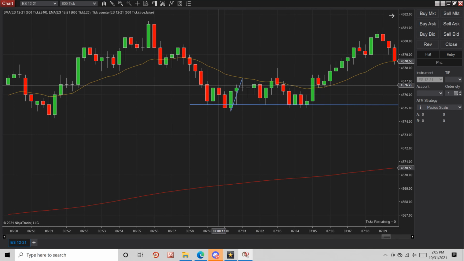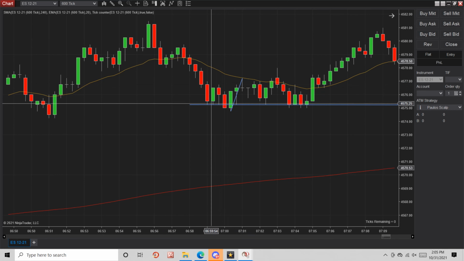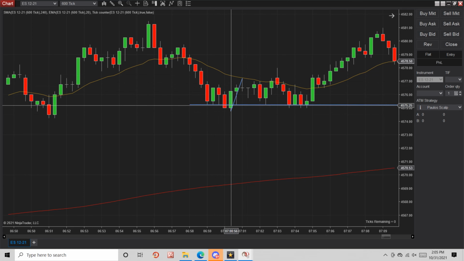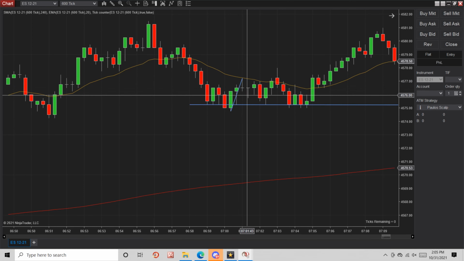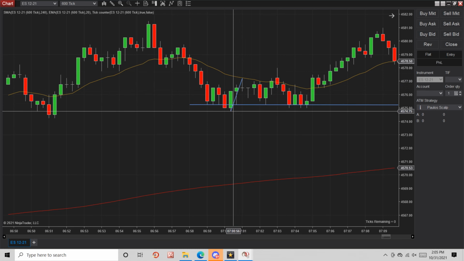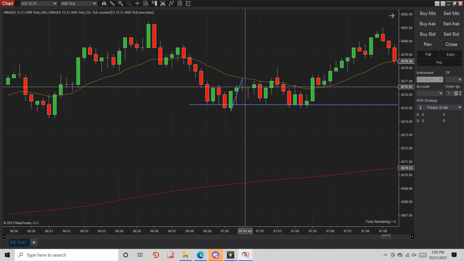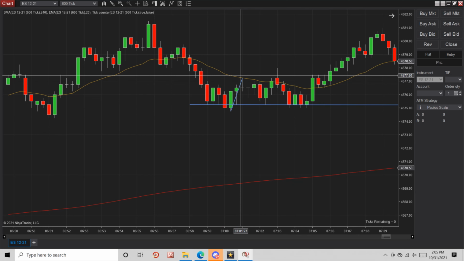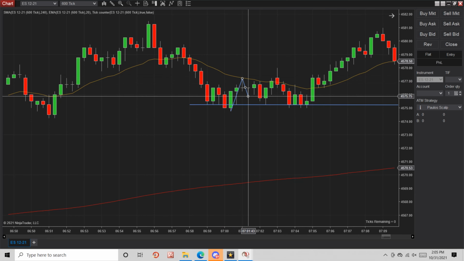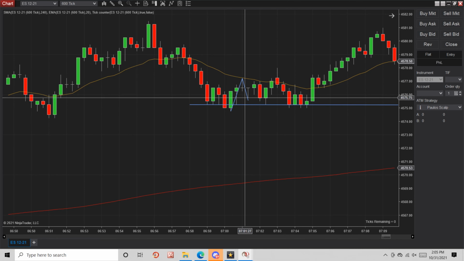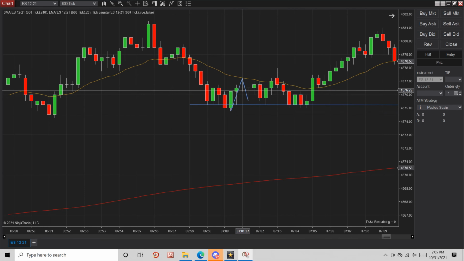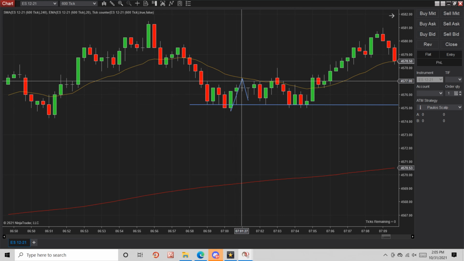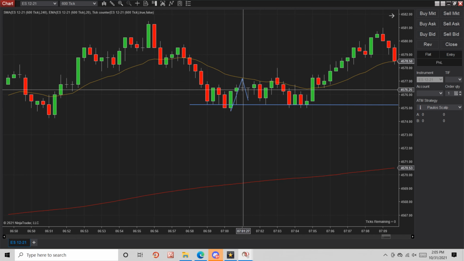This would not be our first leg up because we broke the low of this green candle. So this would be our first leg up because we did not break the low of this candle after our second leg. So this is our first pullback, our first leg. This is our second leg. This would not be our second pullback, but this would tell us that the first pullback is over.